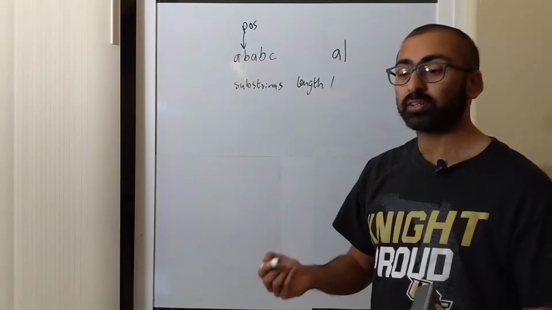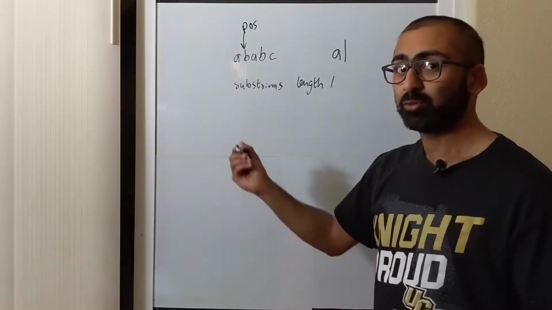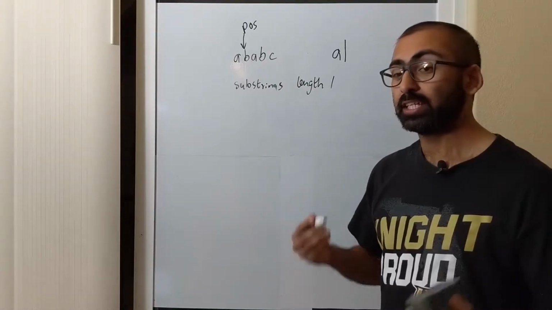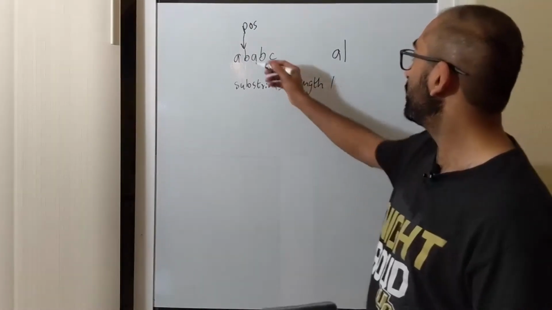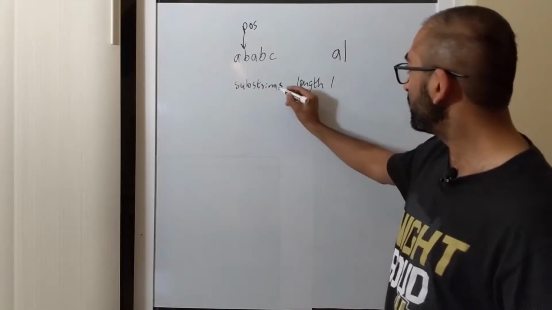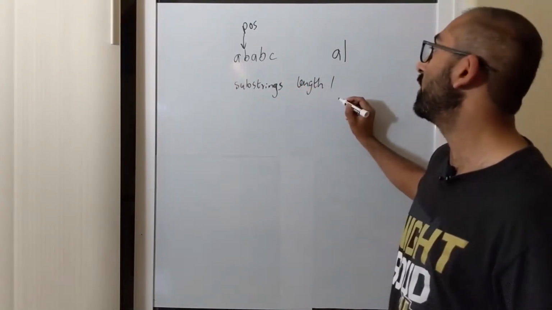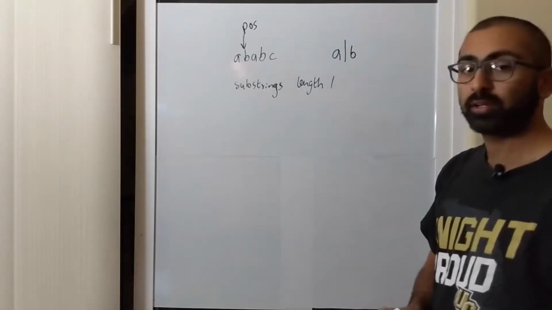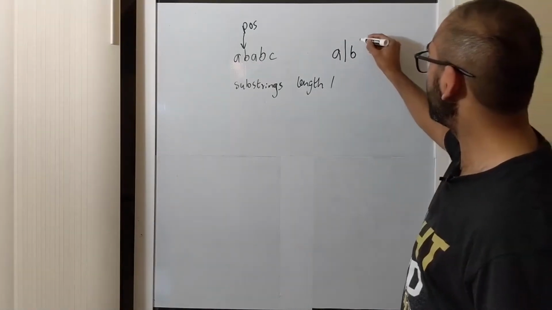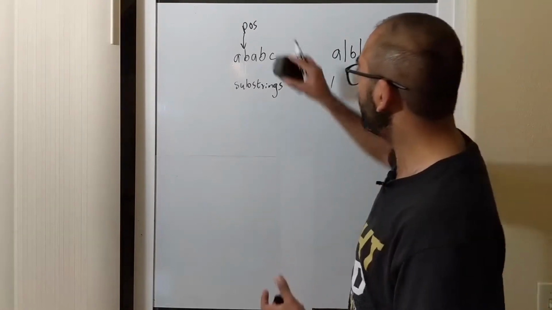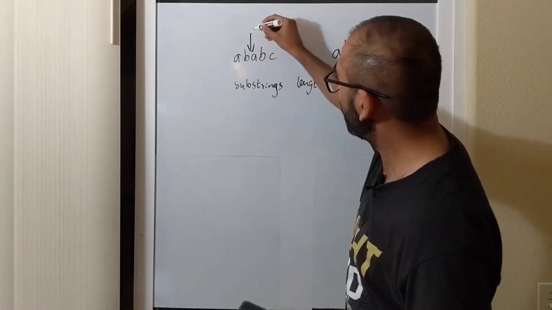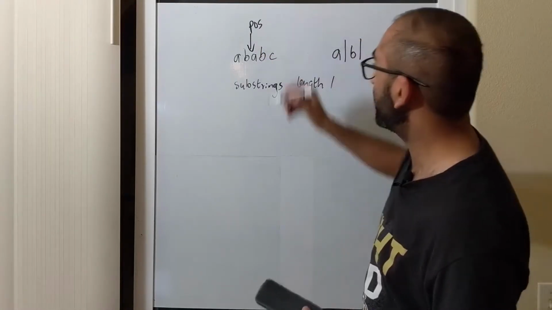So if this were a recursive call, you would say the position that came into my function just got added by 1, right? So position plus 1, and you're still doing substrings of length 1, and is that a palindrome? Yes. So you're going to add B to it, right? Next, you're going to continue doing this. I'm going to do one more, and then I'll just fill in the whole thing, okay?